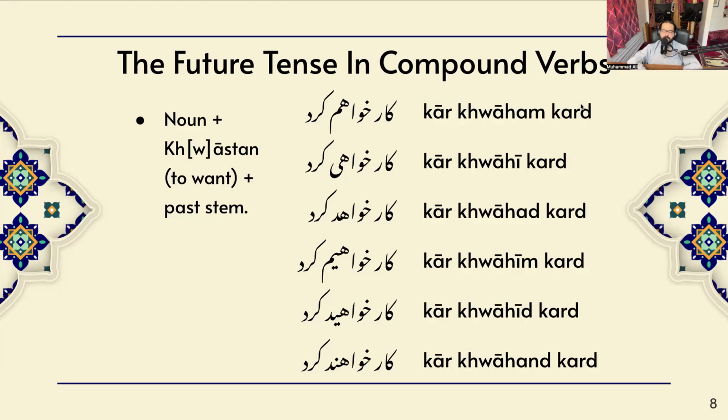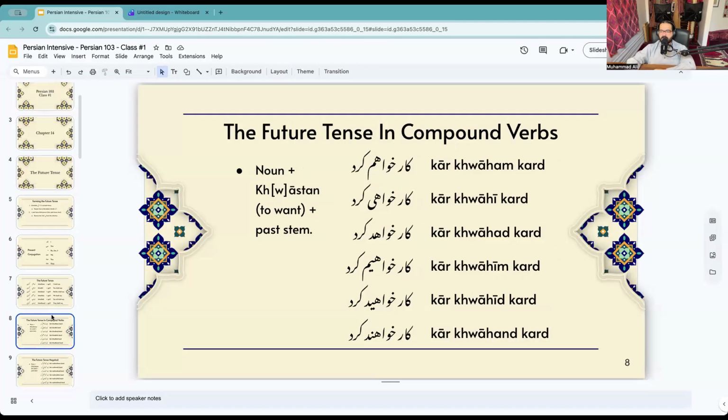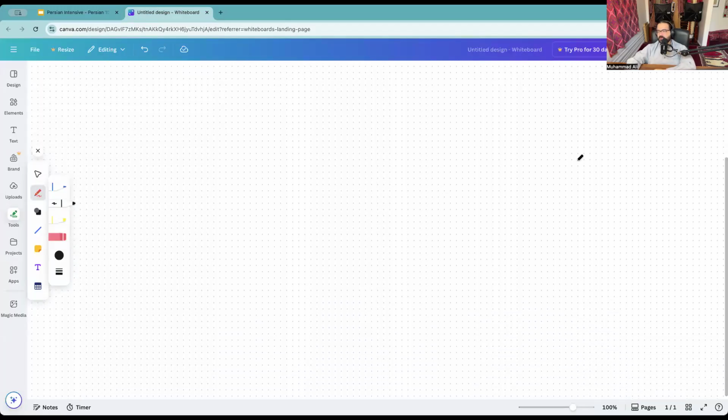For example, pretend there's no khaham here. Pretend it just says kar kard, which means he worked. So it's a compound verb.